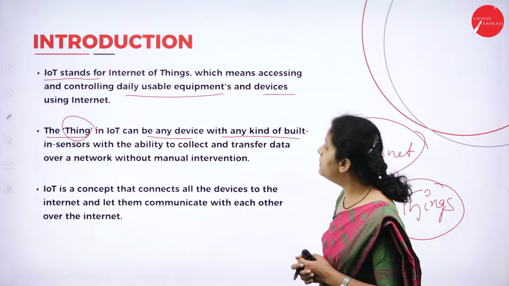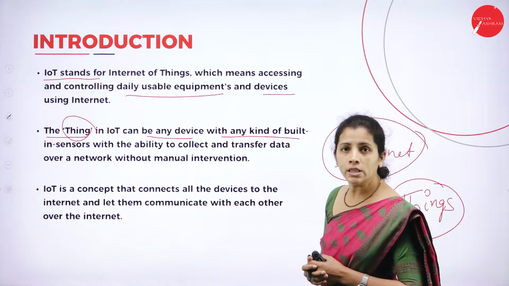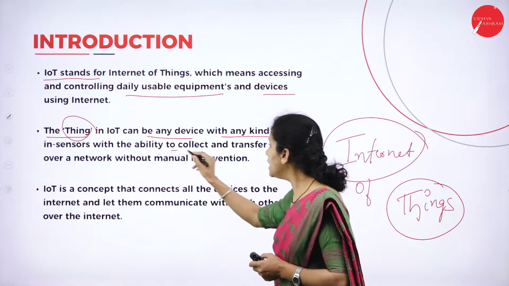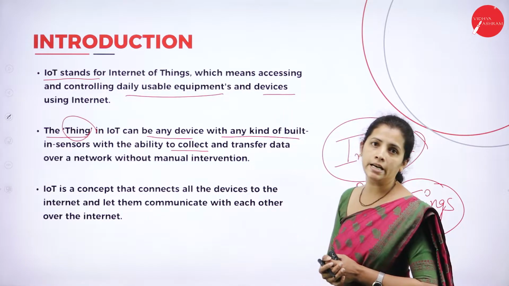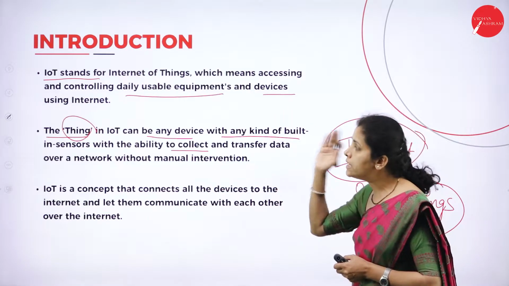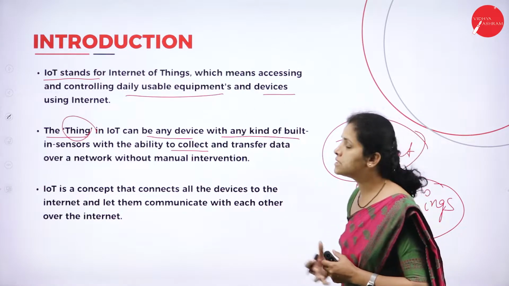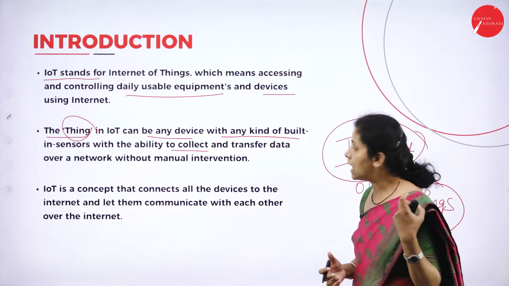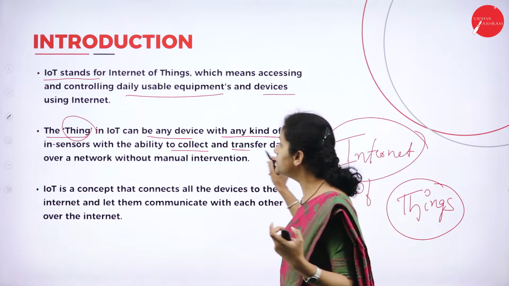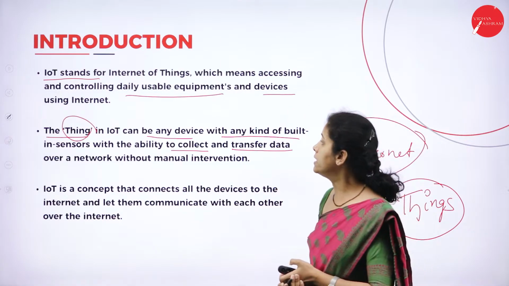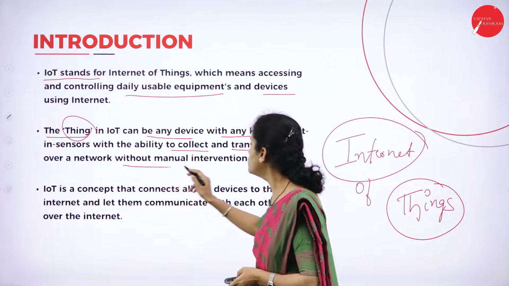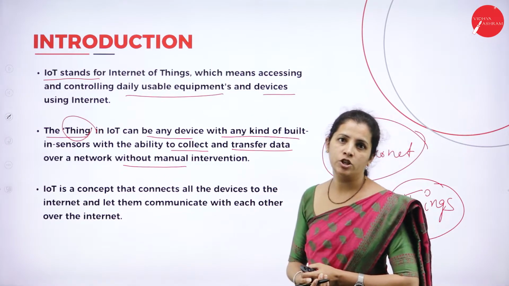That is a built-in sensor with the ability to collect and transfer the data. That means thing must have a sensor, and what is the job of the sensor? It is to collect the data as well as transfer the data over a network without manual intervention.